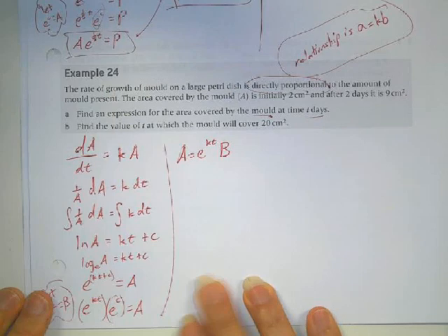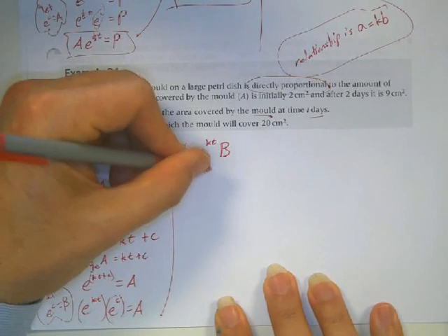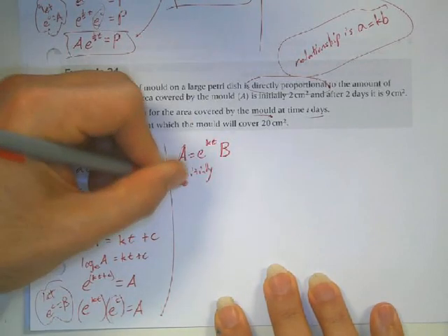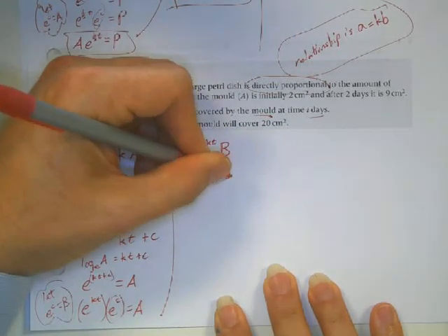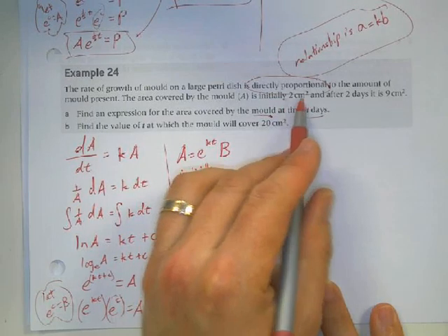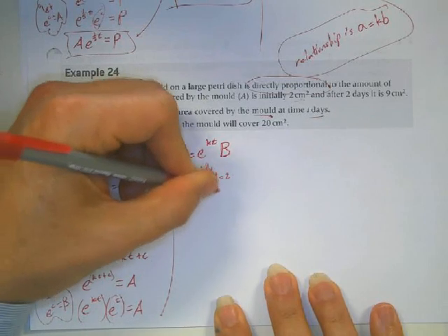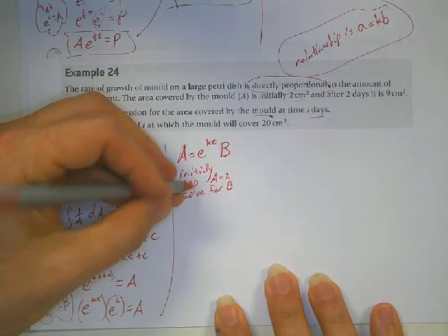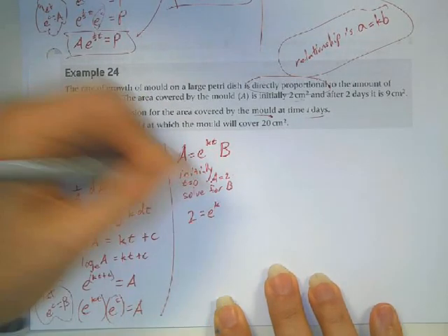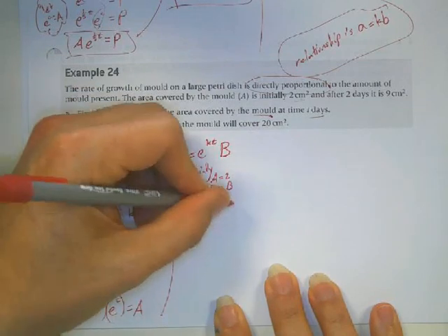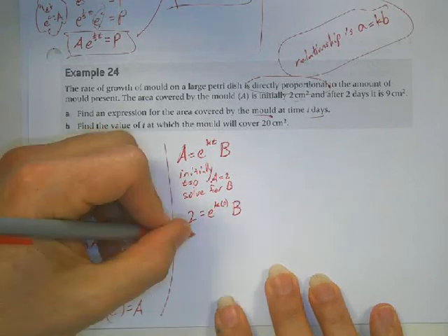And initially, when the time is 0, the area is 2 centimeters squared, right? So we're going to solve for B, and we get A is 2 equals e to the k, and then t is 0, and B. Anything to the 0 power is 1, so we know that B is going to be equal to 2.